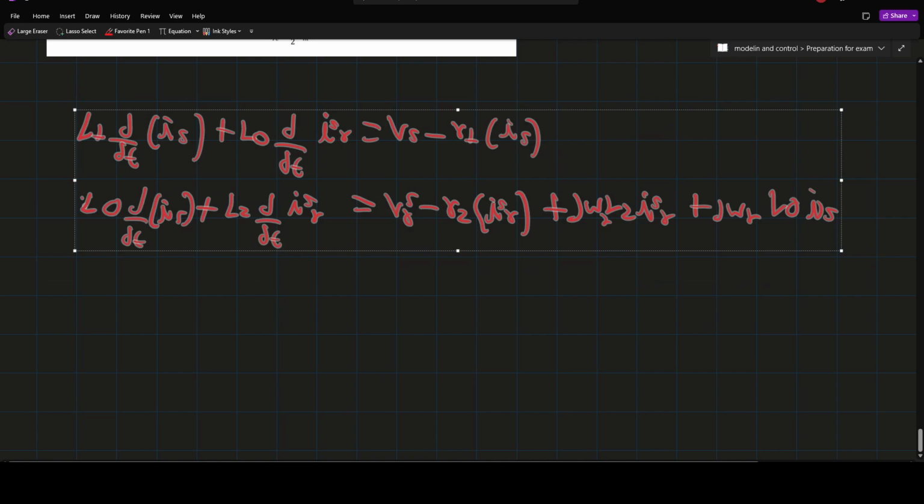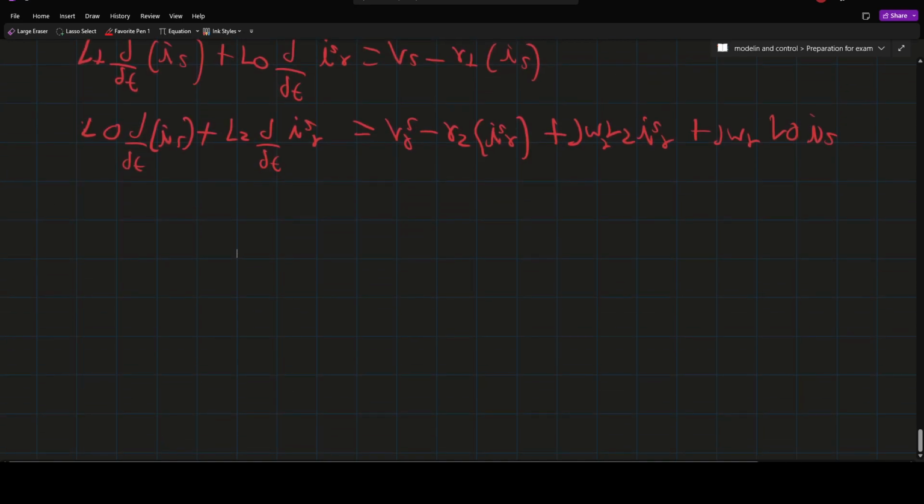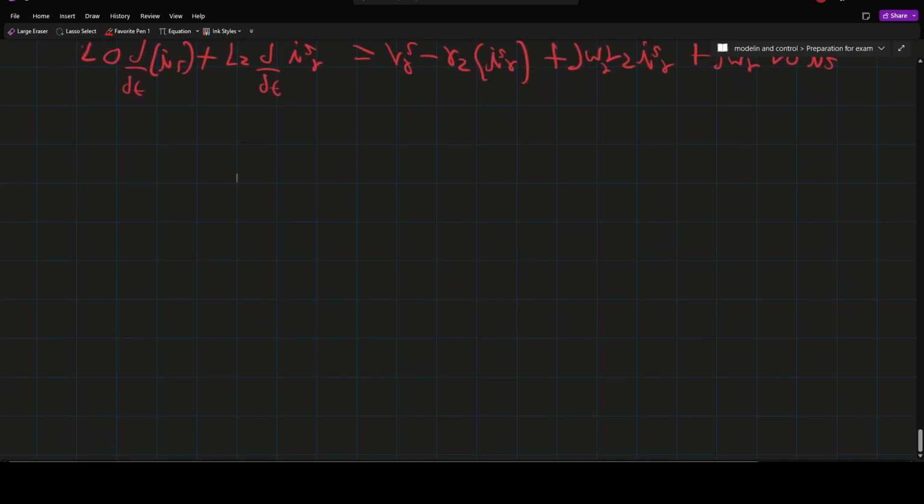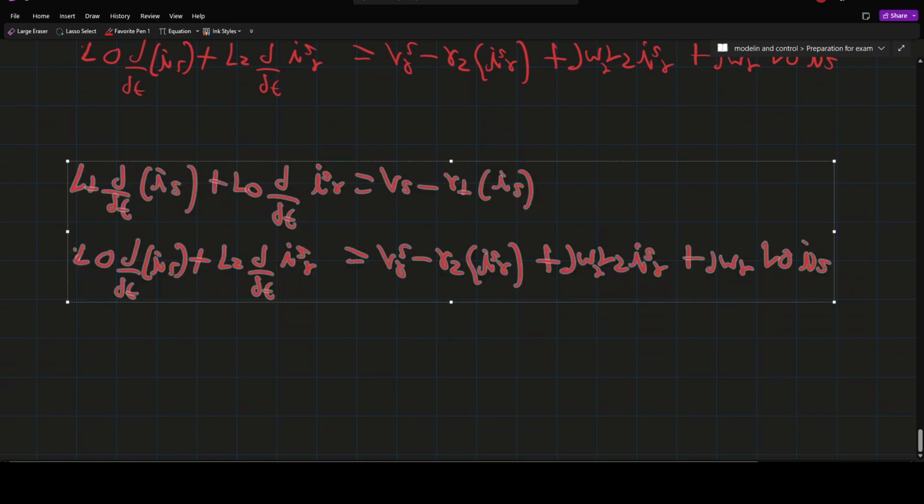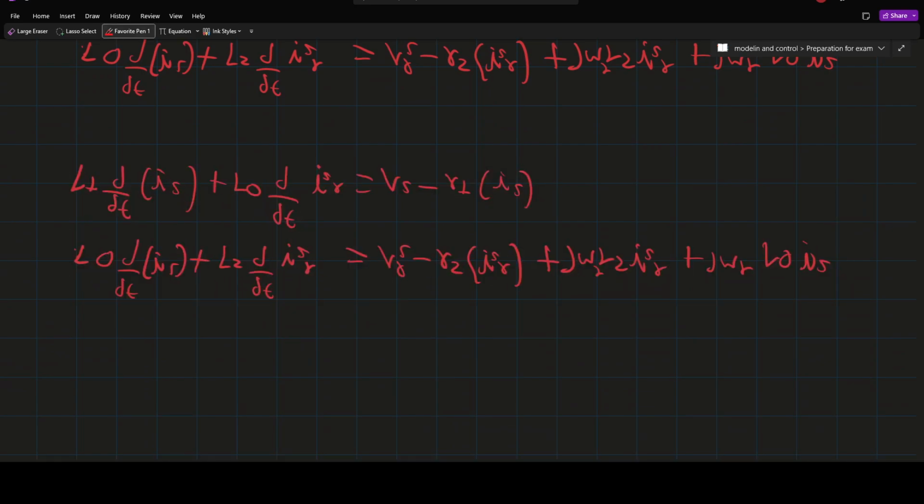Okay, now we have two equations with two unknowns, so we can say here, for example, if we want IS, we make these two equal by opposites, so multiply all this by L2, and multiply all of this by L0.